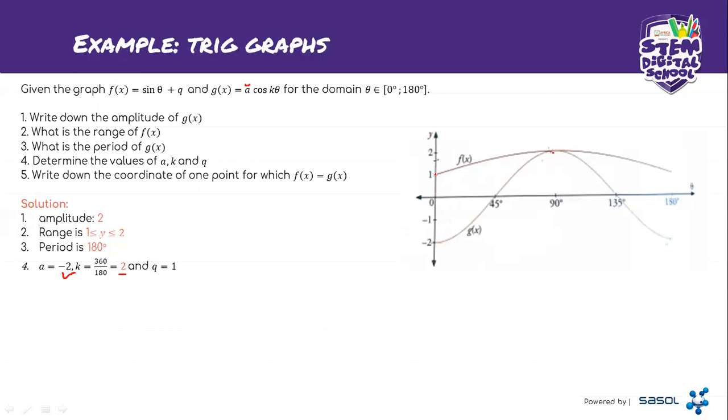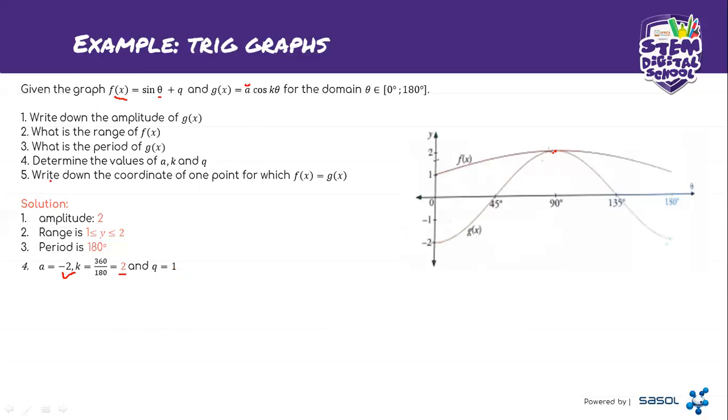And again, if you also want to calculate the value of Q, you can take a point that is on this curve of f, the coordinate of this point, which is 90, 2. Then you substitute 2 where you see y, and 90 where you see theta, then you just press your calculator and solve the value of Q, and it's going to give us +1.